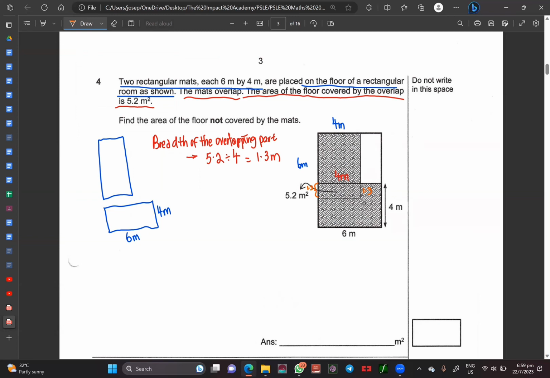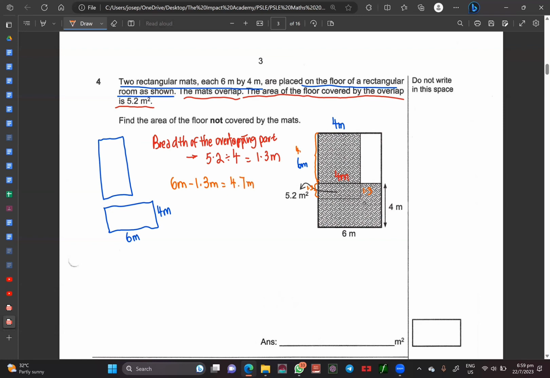Once you have that, you can also find out what this is. This part here is simply 6 meters minus 1.3 meters, and that gives me 4.7 meters.